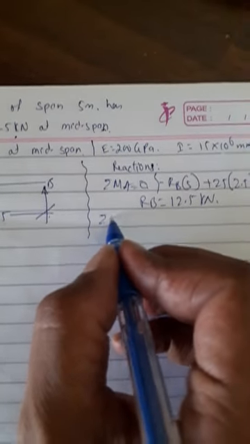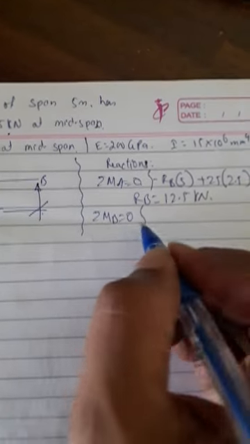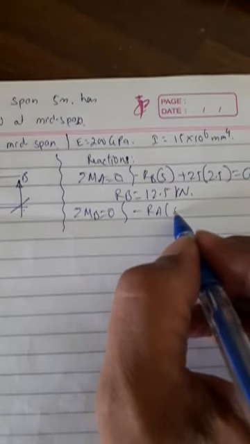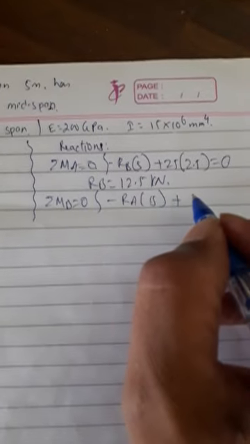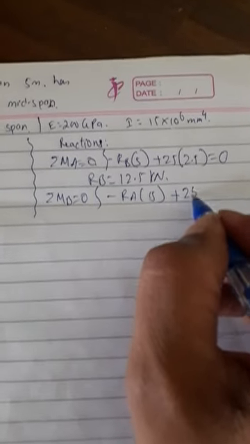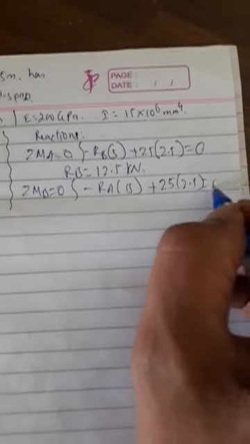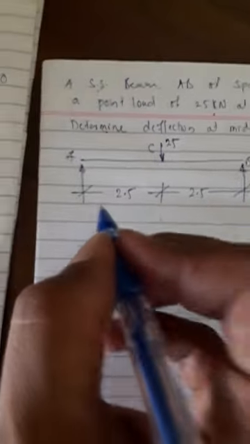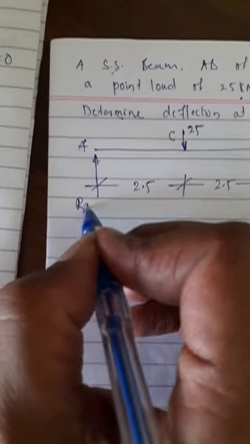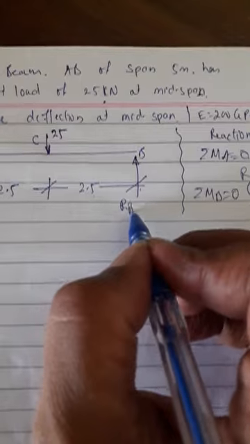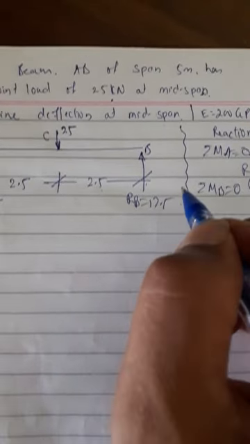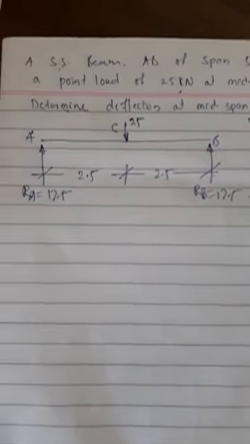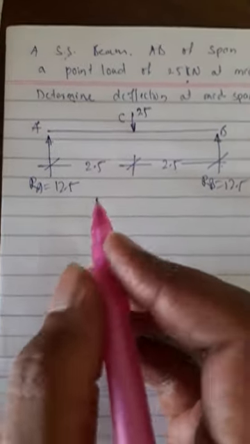Similarly, summation of moments about B is equal to 0: minus RA into 5 plus 25 into 2.5 is equal to 0, or RA is equal to 12.5. So write the values here. RA is 12.5, RB is 12.5.